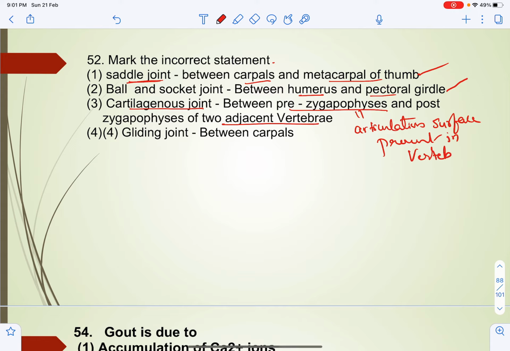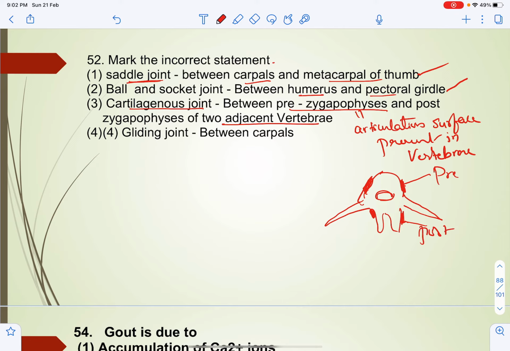Present in the vertebrae, right? If you consider this is the body, and this is the neural canal, and this is the transverse process, and this is the spinous process. Here they are present, and they are called the pre-zygapophysis, below which they articulate with the other one, the post-zygapophysis.